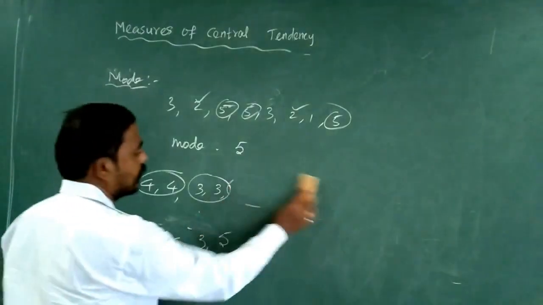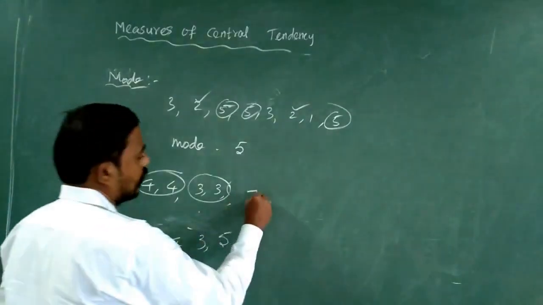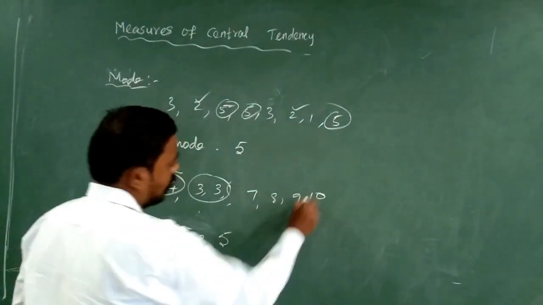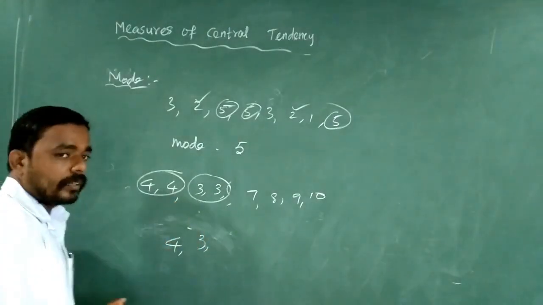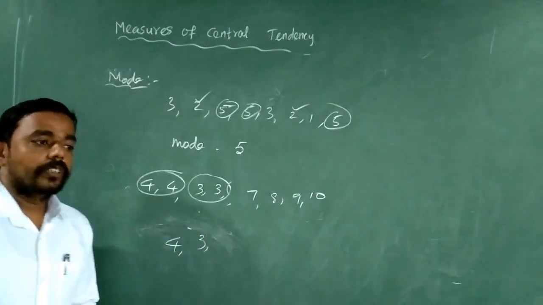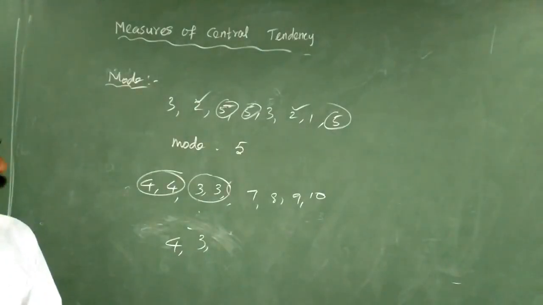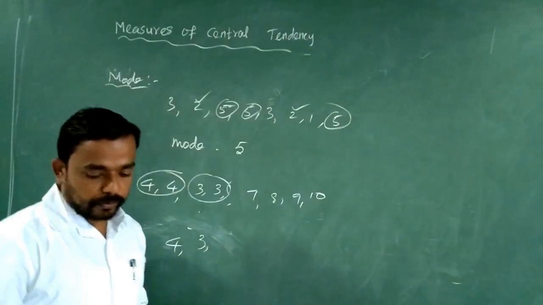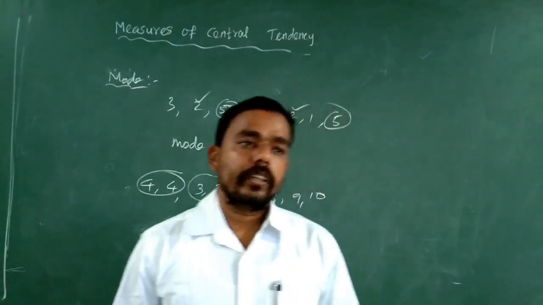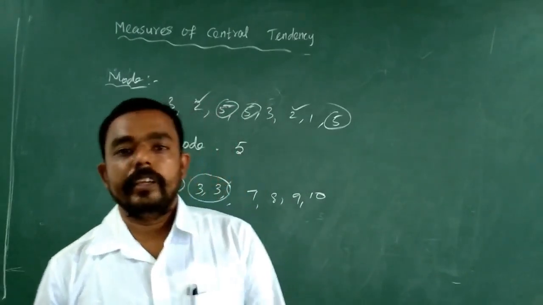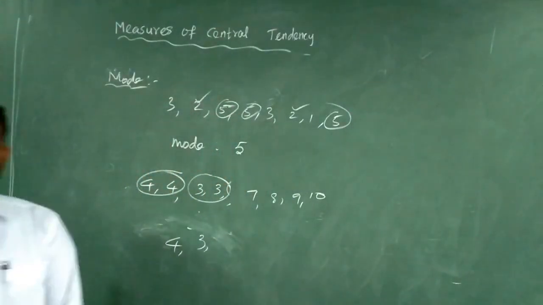Suppose only these terms are given, now only 4 and 3. This one is called bimodal. So this is the mode form. So mean, median, mode, these are all called raw data. Using this we may find the answer. Thank you, students.